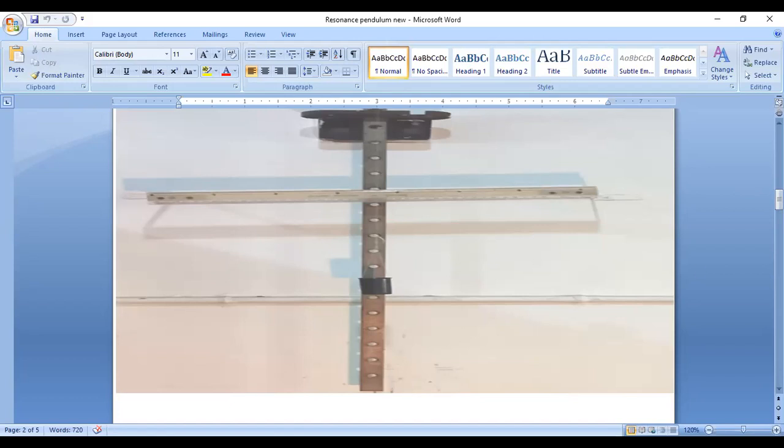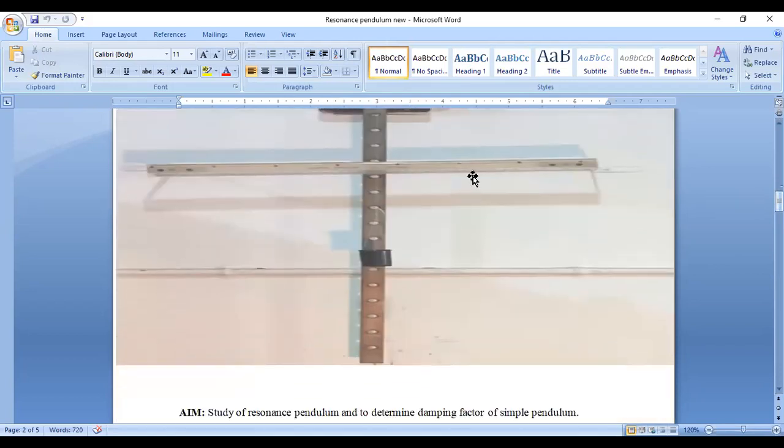So along with the harmonic motion of a bar pendulum, you will see that this simple pendulum of length L will also oscillate. And this oscillation you can see because there is a scale behind the screen. So when your oscillator is oscillating, you will see that there are also oscillations of a simple pendulum.